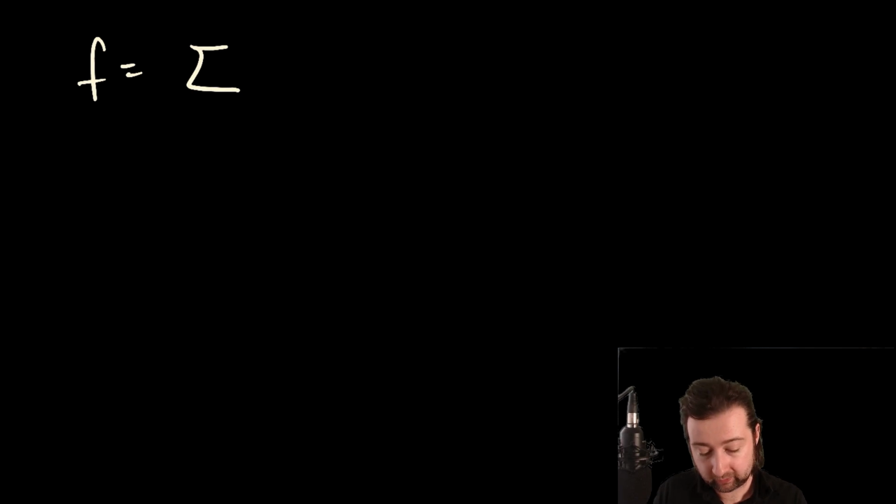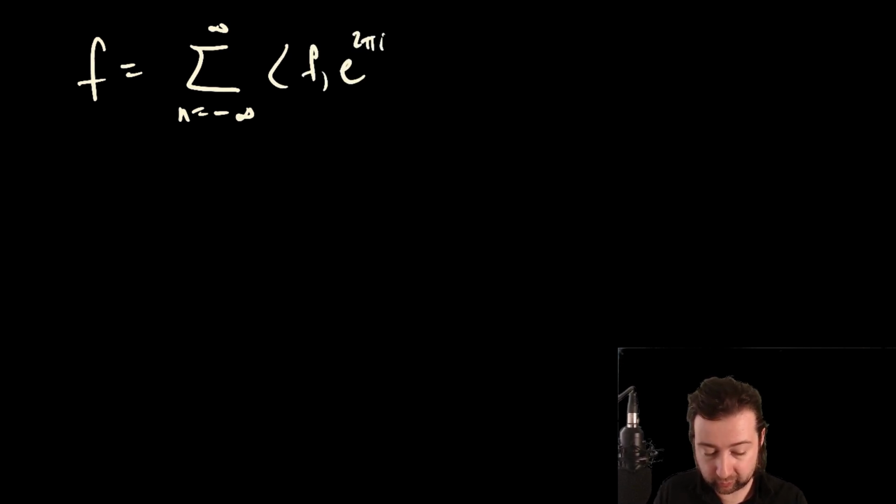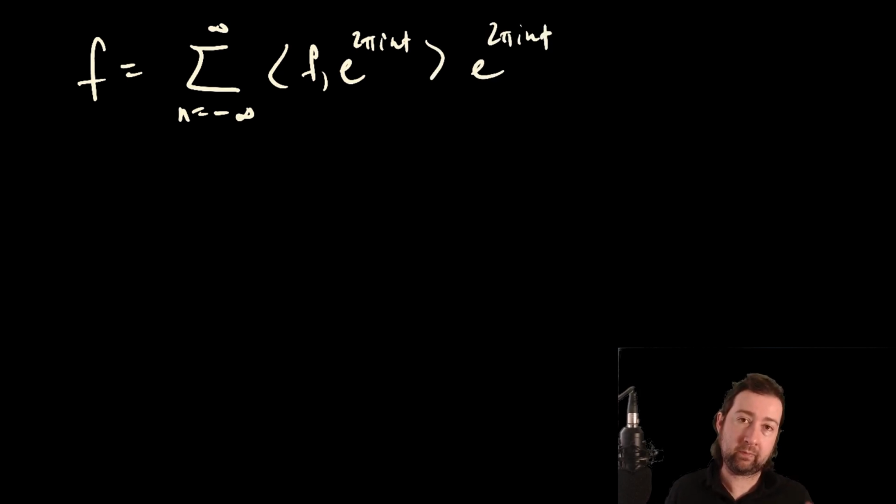Well, it turns out to be the case that once you know that you have an orthogonal basis with respect to this particular inner product, then automatically, remember that we're writing down f is equal to the sum from n equals minus infinity to infinity of the inner product of f with e to the 2 pi i n t times e to the 2 pi i n t. Automatically, if I clip this off at a finite number N, okay, so f is equal to this, what if I just want to approximate?